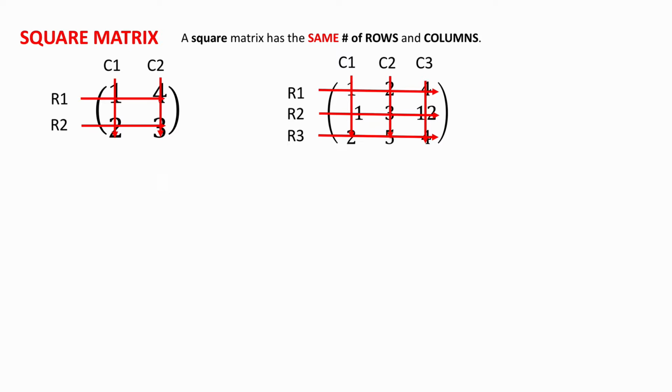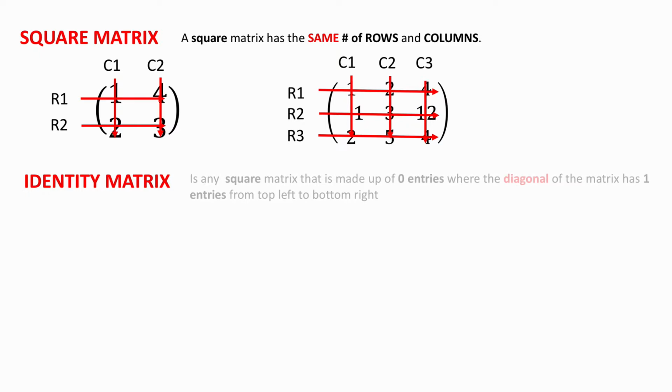Now we will look at the identity matrix. An identity matrix is a square matrix and it is made up of zeros, where the diagonal of the matrix from top left to bottom right is comprised of ones.